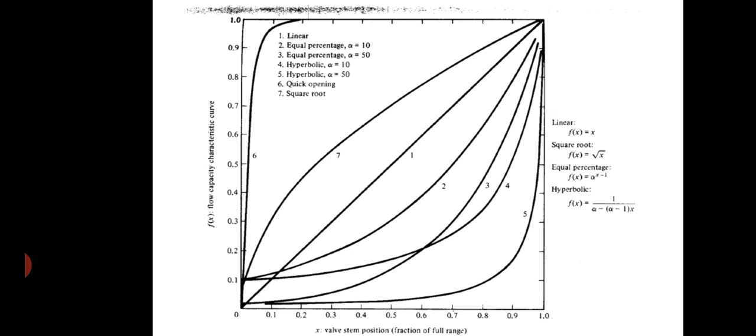Suppose we have taken the first curve, the number one curve is linear, and for the linear curve the relationship has been established as f(x) equals x. f(x) is nothing but, again I am saying, the capacity, the flow, the pressure supplied at the valve, and the displacement of the stem is taken in terms of x. So we have established the linear characteristic valve as f(x) equals x.